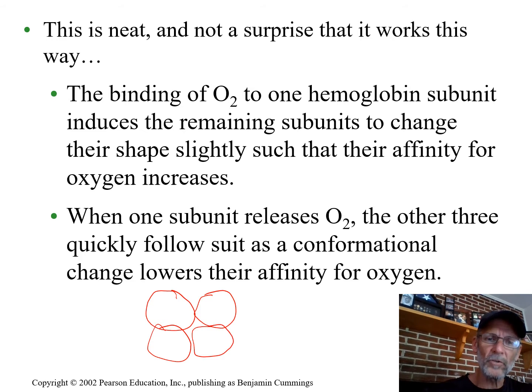It's a single protein molecule that has more than one polypeptide chain as part of it, in this case 4. And here's what cooperativity means. When an oxygen molecule gets grabbed by one of those subunits, of which hemoglobin has 4, it changes the shape of it enough to change the shape of the others so that they can grab oxygen more easily.